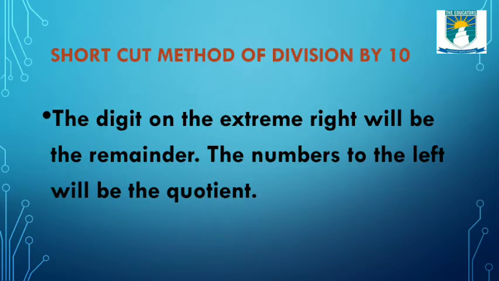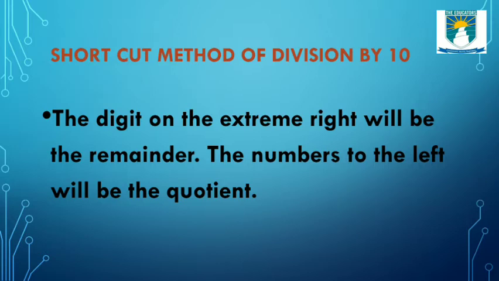Shortcut method of division by 10. My dear students, whenever you are going to divide any number by 10, you have to keep this point in your mind. The digit on the extreme right will be the remainder.